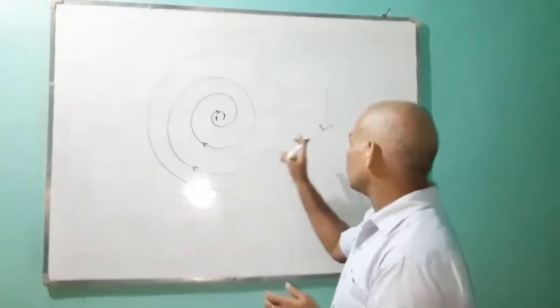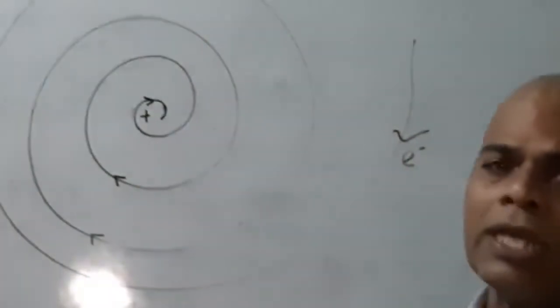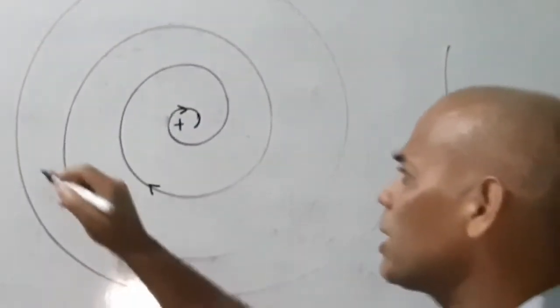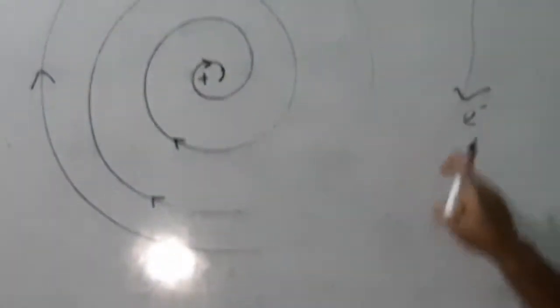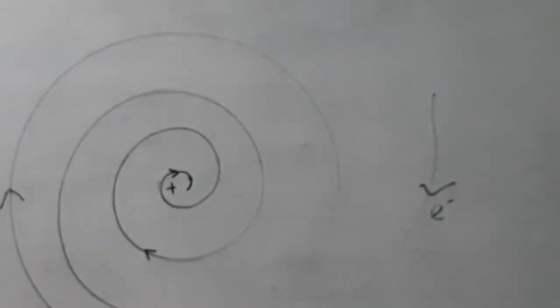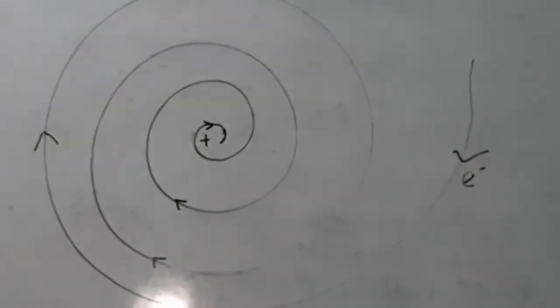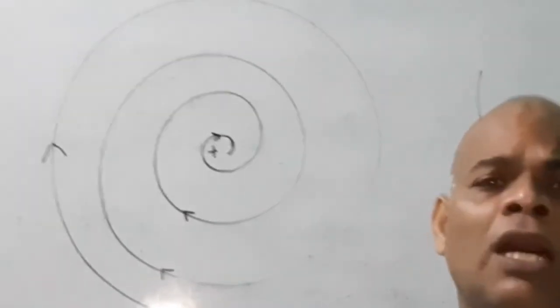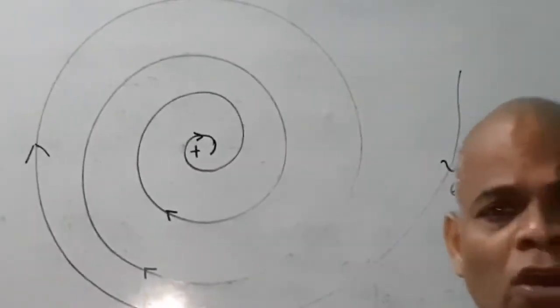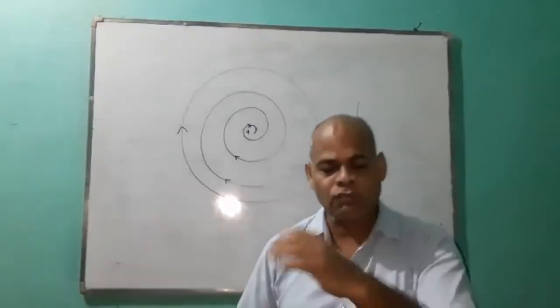So the electron follows a spiral path, and it will be strongly pulled by the nucleus, because the nucleus is positively charged due to the presence of protons.